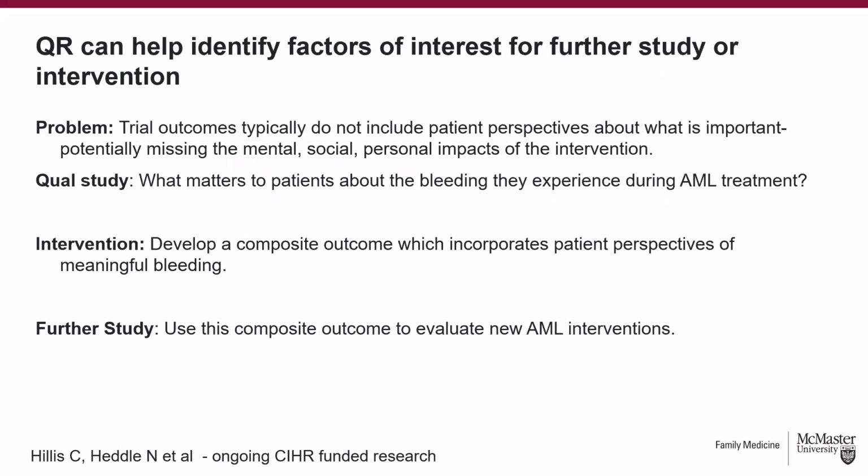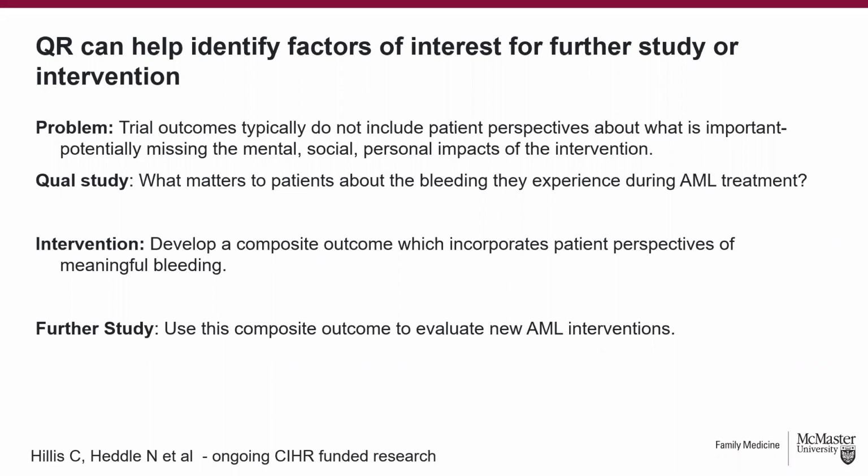Here's another example, and this is ongoing hematology-related research that I'm involved in. Led by Chris Hillis and Nancy Heddle at McMaster University, we're doing a 3-step project where we are trying to address the problem that trial outcomes typically don't include patient perspectives about what's important, and so then potentially miss the mental, social, or personal impacts of whatever the intervention is that's being studied.